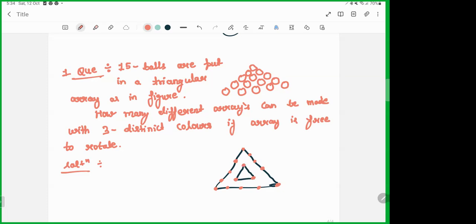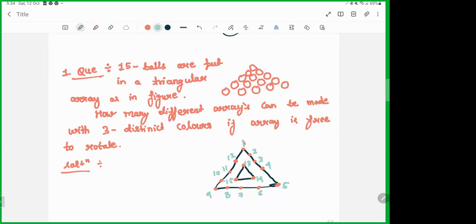So these are 15 balls. Let's name them 1, 2, 3, 4, 5, 6, 7, 8, 9, 10, 11, 12, 13, 14, and 15. So these are 15 balls.